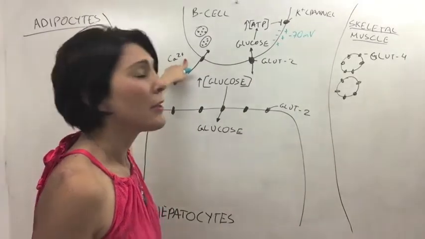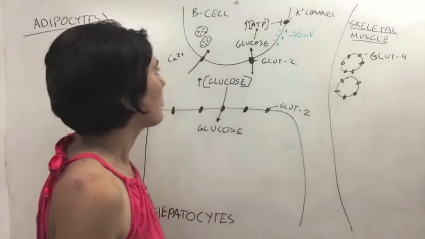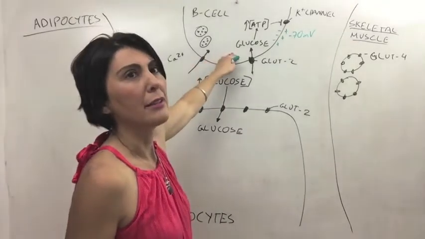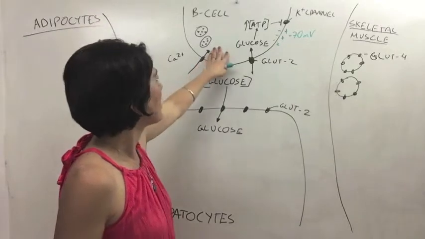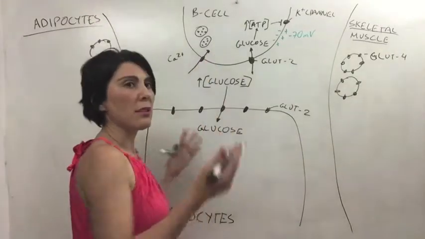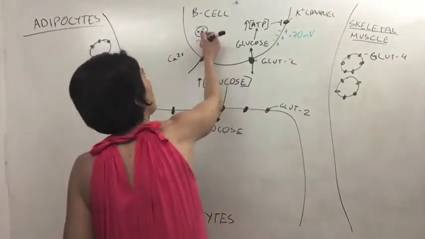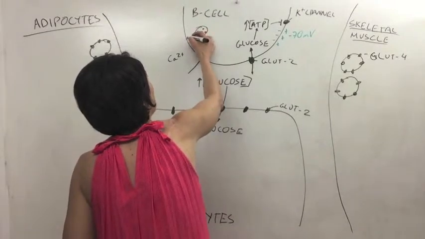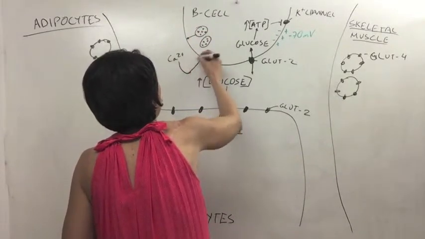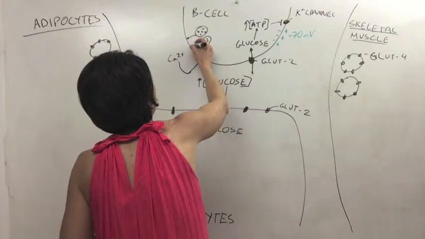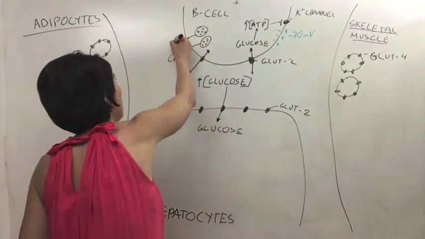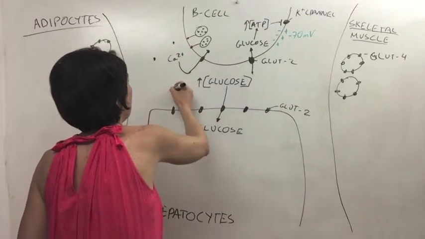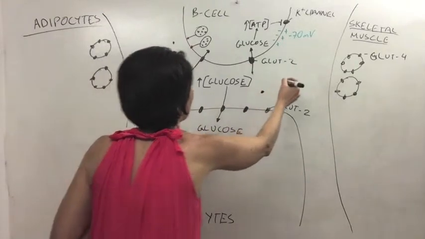Calcium is positive, the inside of the cell is negative, so you've got an electrochemical gradient pushing calcium into the cell. When calcium goes inside the cell, it increases the concentration inside the cell, and it causes the vesicles to attach to the membrane and release insulin. So you release insulin into the circulation.